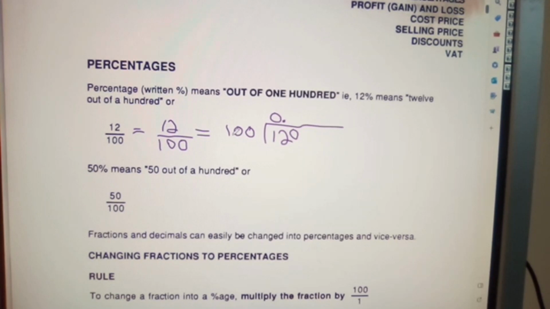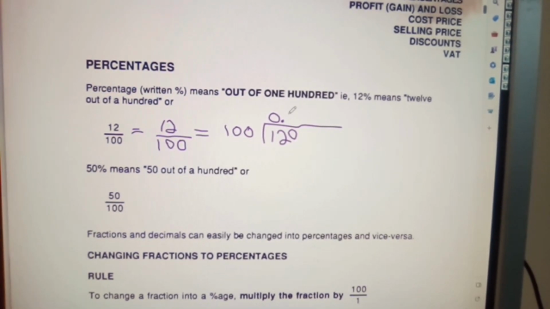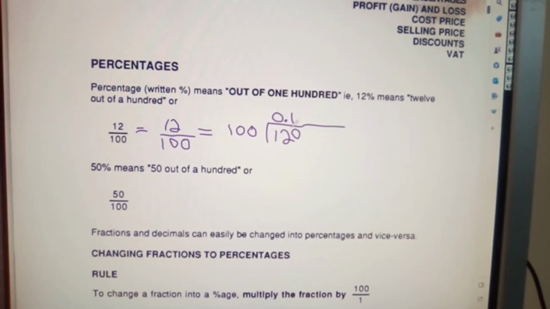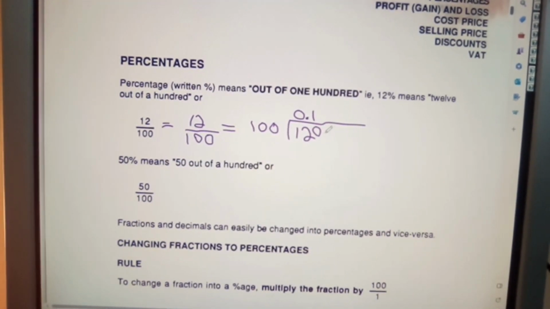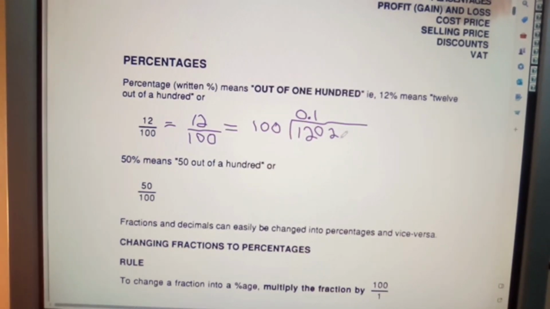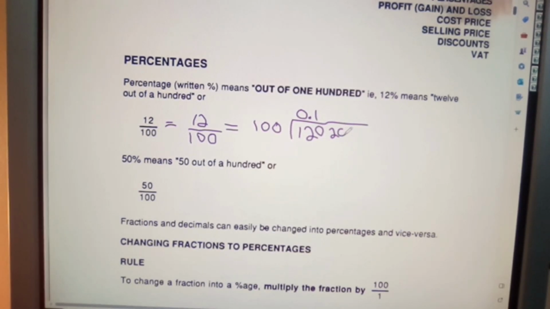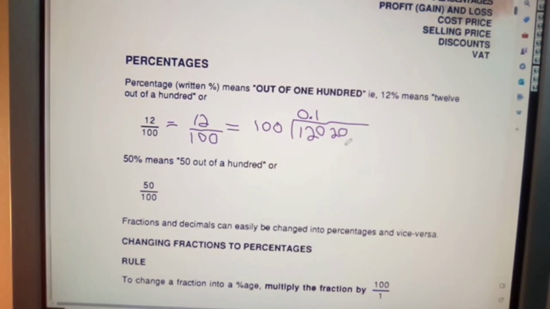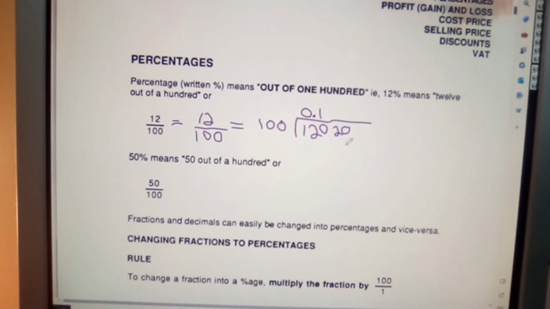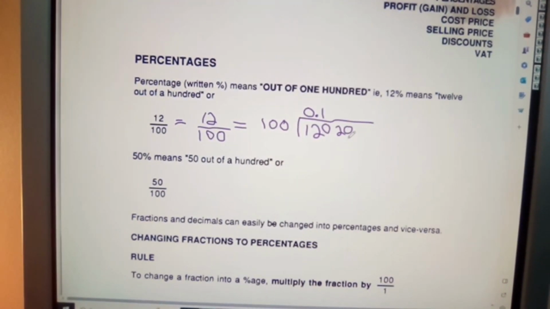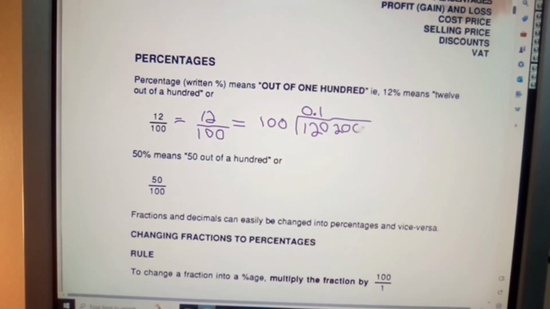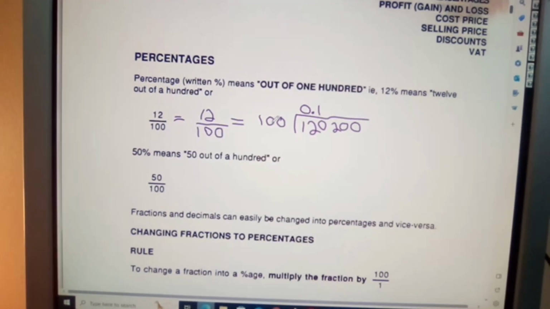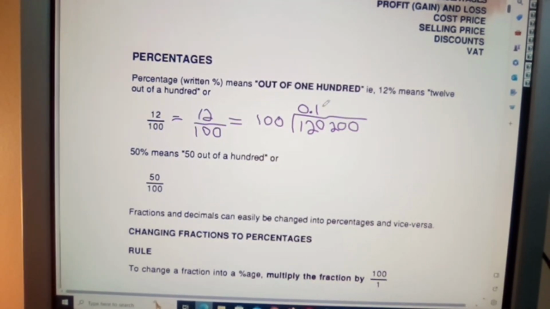How many times does 100 go into 120? It goes once. Remainder 20. Now 100 into 20 cannot go, so we have to add a 0. 100 into 200 goes twice.